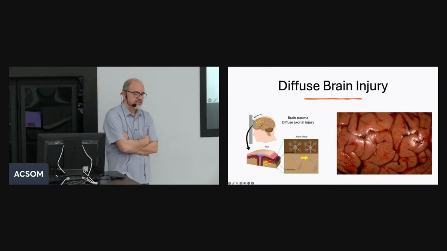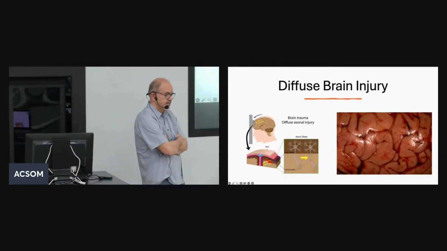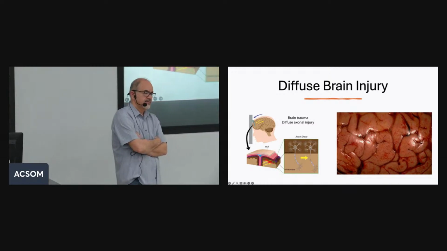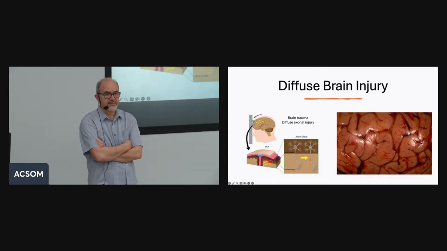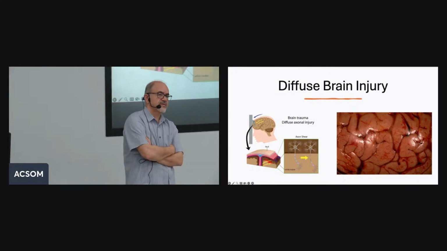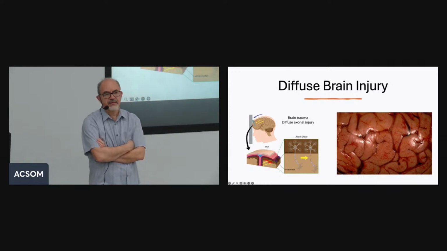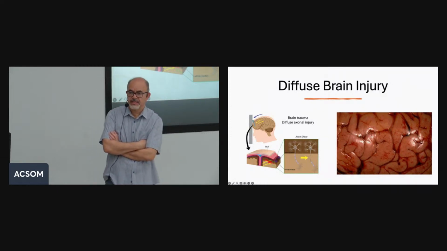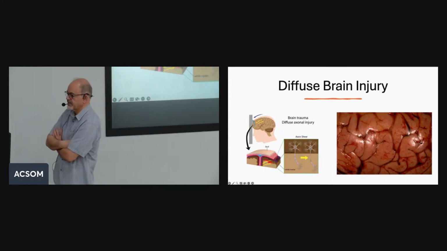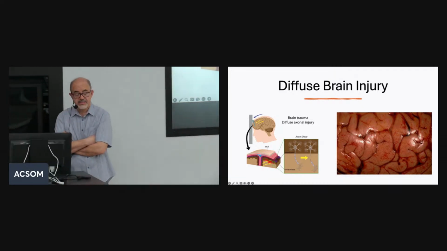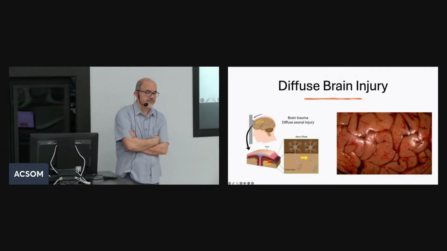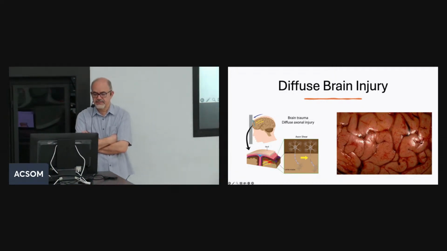Diffuse brain injury is a type of severe TBI where the entire brain or the majority of the brain is affected. You're going to have hematoma, edema. The entire brain usually causes significant sequela in brain function and has serious consequences. But it's a type of injury that affects the entire brain.